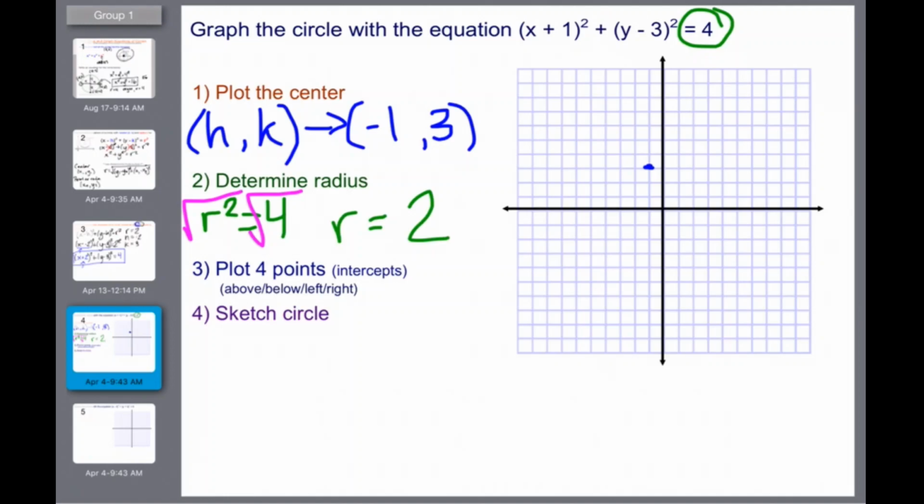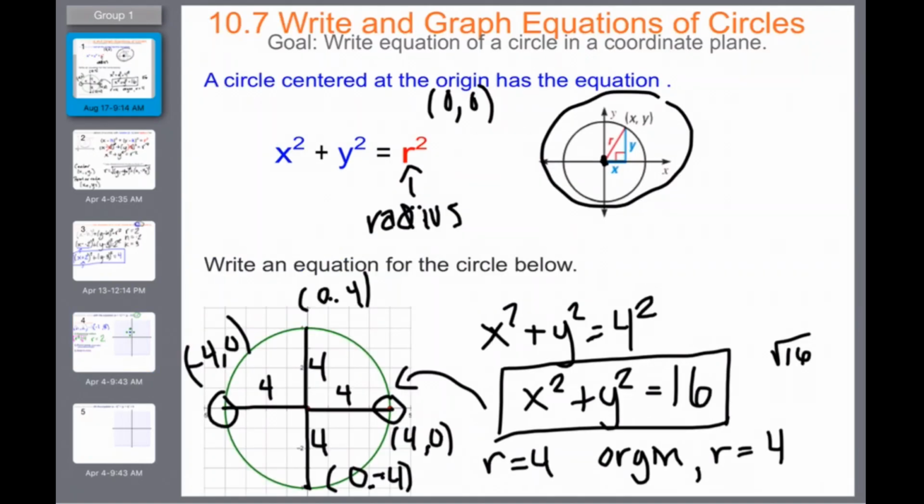All right, so we're going to use that radius to plot our 4 points. Basically, we're going to plot a point 2 units above, below, left, and right. So we have 2 units above, 2 units below, 2 units left, and 2 units right. We've plotted our 4 points, kind of like how we did at the very beginning here, just in the opposite way.